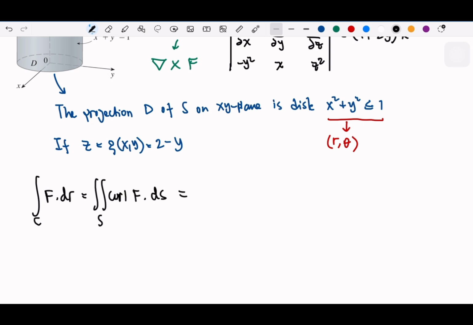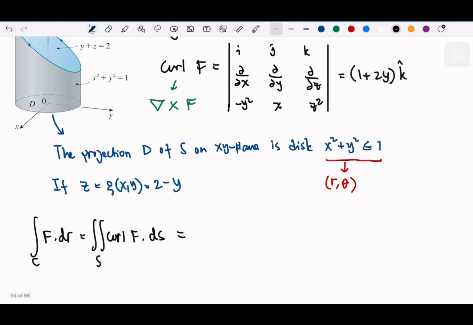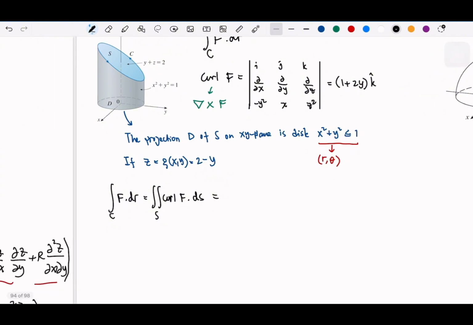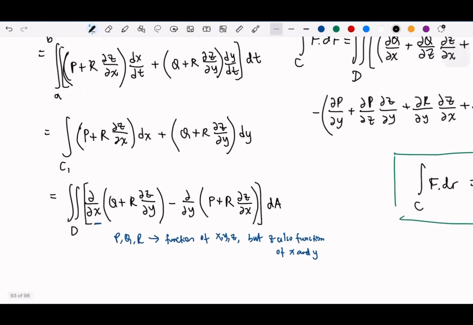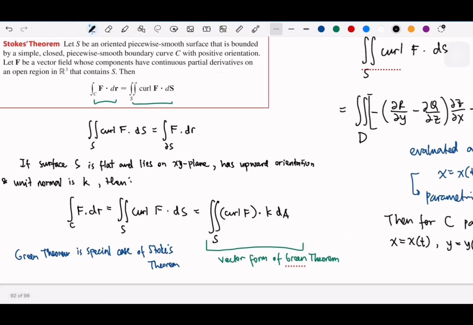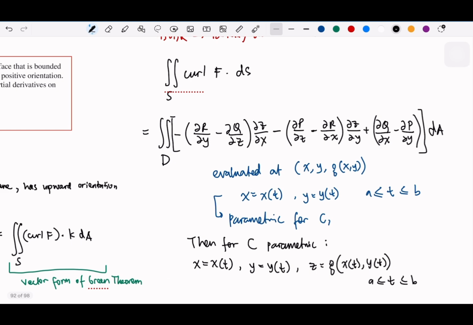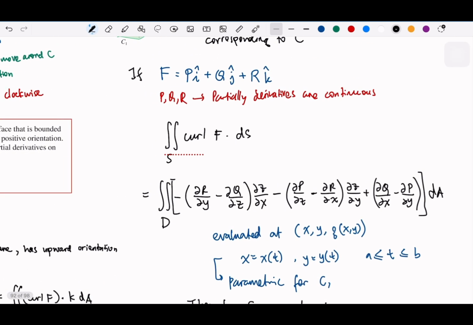Now since our curl F is 1 plus 2y and it's only on the k axis, the z axis, as we mentioned earlier, we can have this double integral over D with respect to the area.